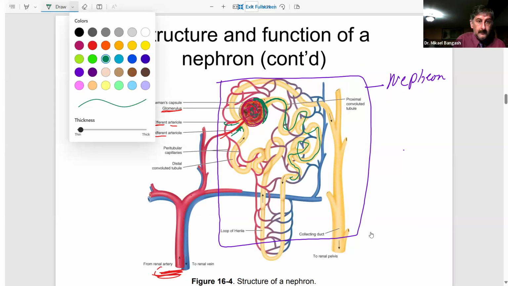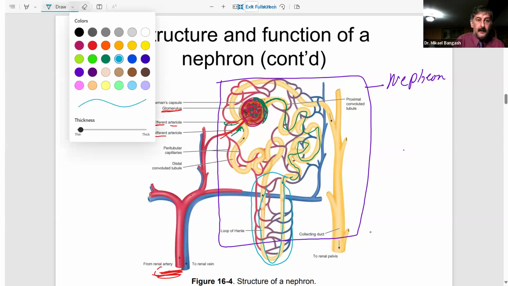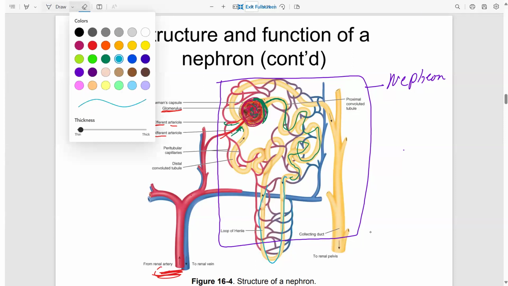And guys, this yellow part here, that's the loop of Henle. Did you guys get that? Yeah. Right, okay. So what do you see?